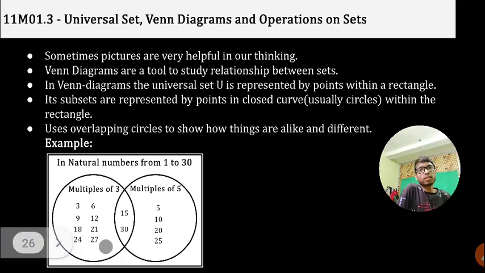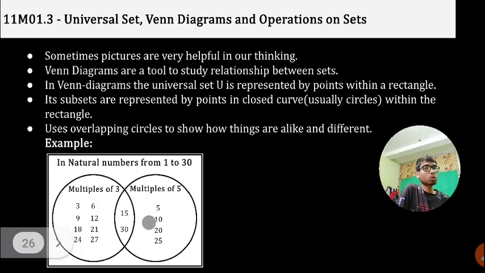So in this set we have 10 elements, and in this set we have a total of 6 elements. But here 15 and 30 are coming in this.